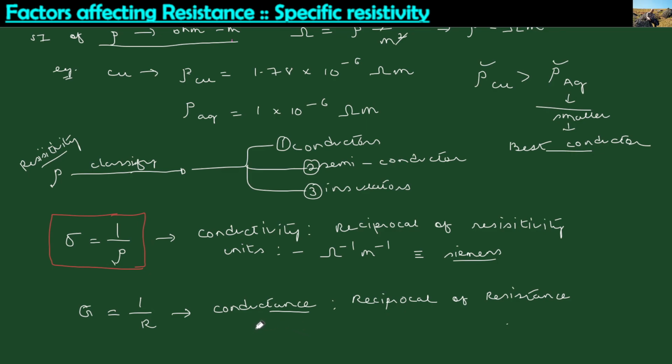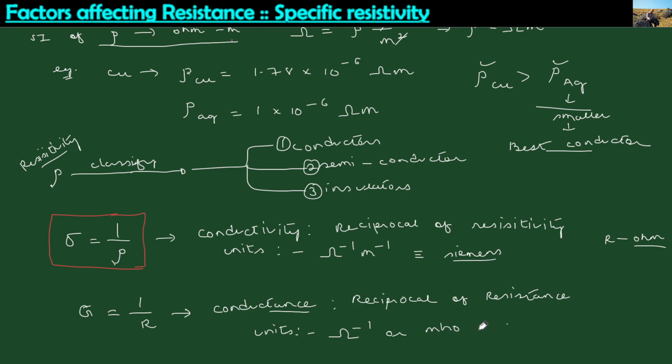And the units for this conductance, since the unit of resistance is ohm, it will be ohm inverse, or you can write it by spelling ohm in the opposite way: mho, ohm inverse, or mho.